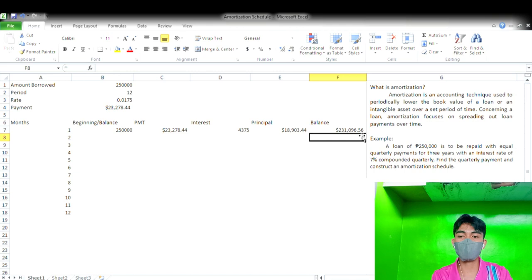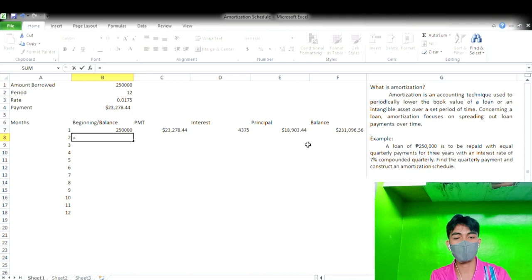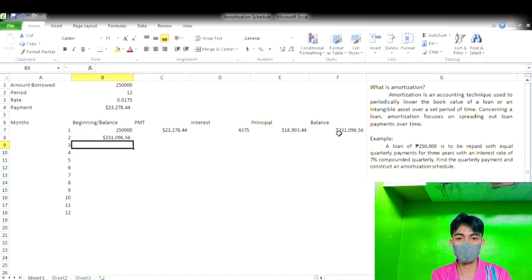Alright, so in our second period, just copy the balance in this cell. Just click this cell, enter, and our PMT is this cell, the payment.